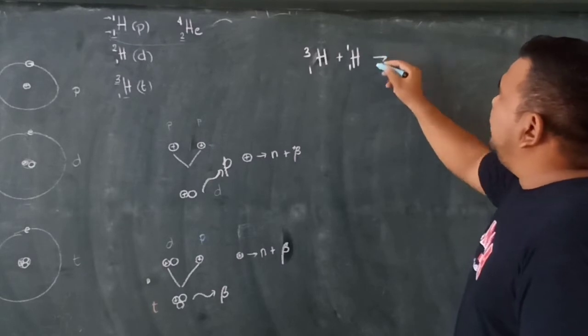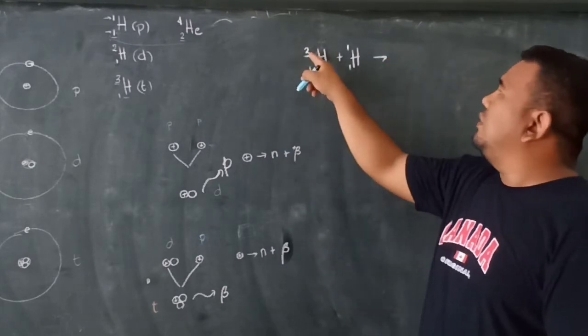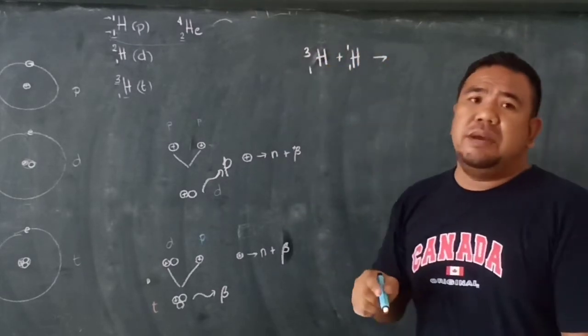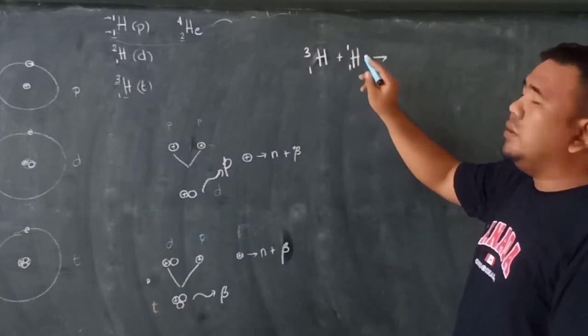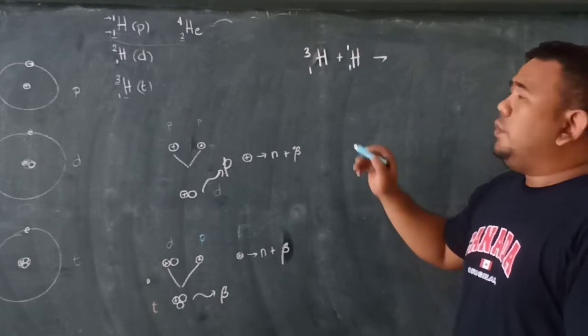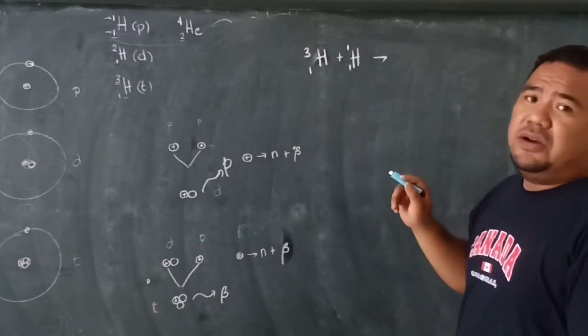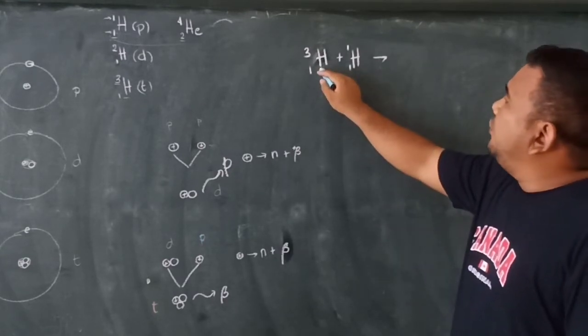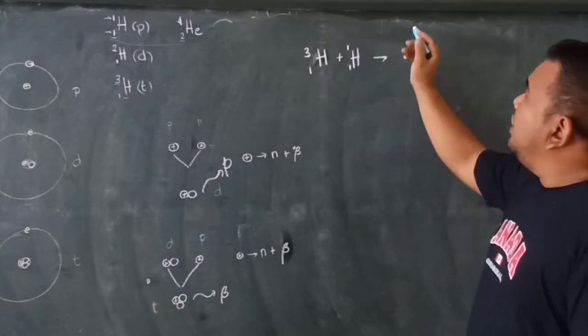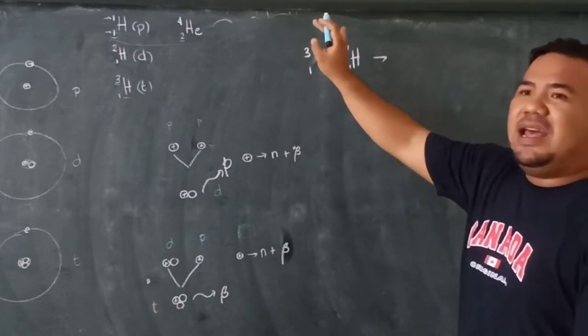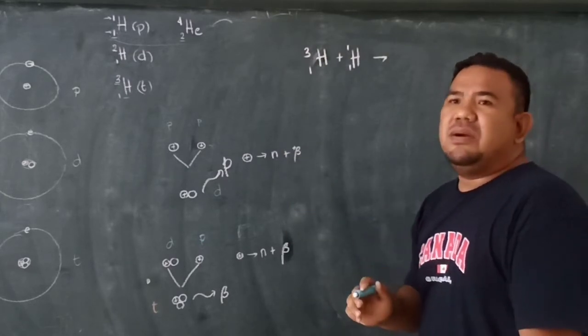Then you will have 4 nucleons already because this one will be added. So again, this is your reaction. You have tritium here plus a protium. Then let's erase all the letters first so you will not be confused.